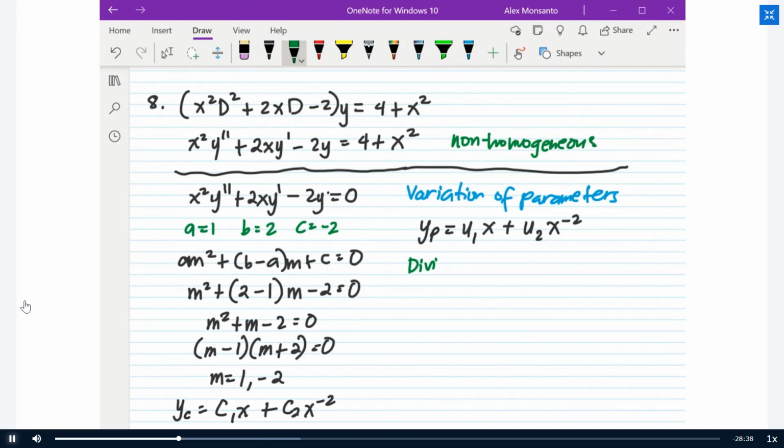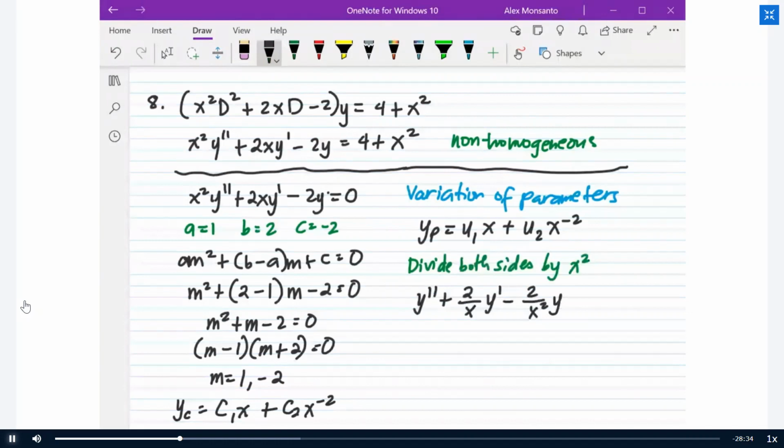Tapos, plus 2 over x, y prime, minus 2 over x squared, y is equal to 4 over x squared plus 1. Yan. Okay, so bali lumalabas ngayon, ang gagamitin natin f of x ay si 4 over x squared plus 1. So ito po yung gagamitin nating f of x. Hindi po yung 4 plus x squared.